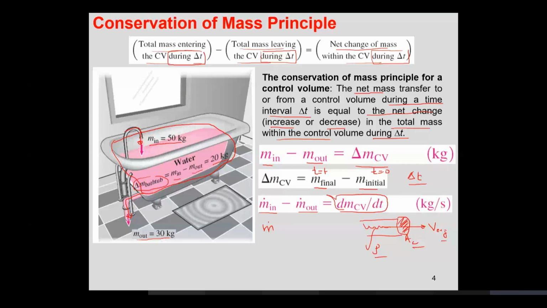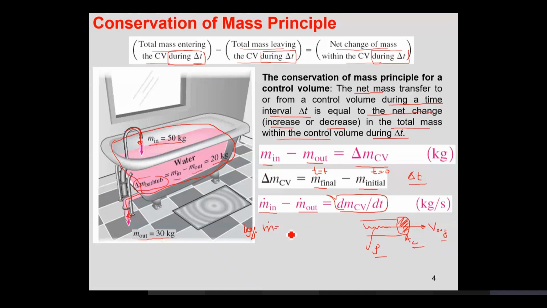Yes, sir. How? Sir, mass can be given as density multiplied by the total volume that we have. We are talking about mass flow rate, in kgs per second.